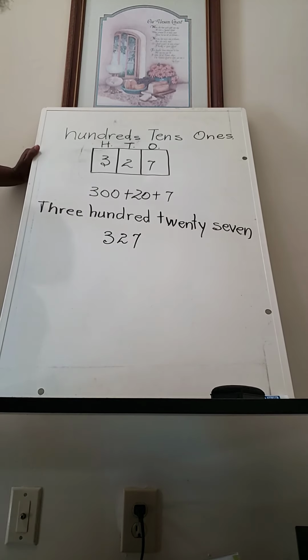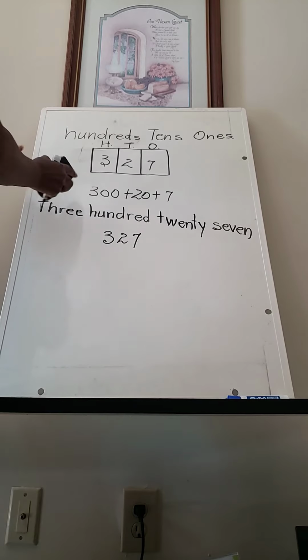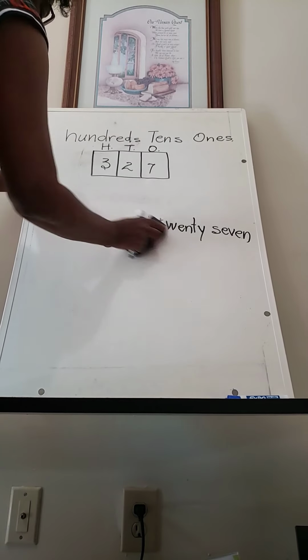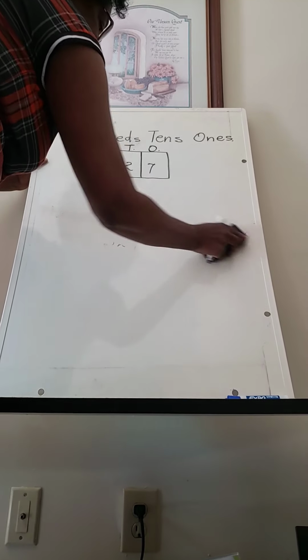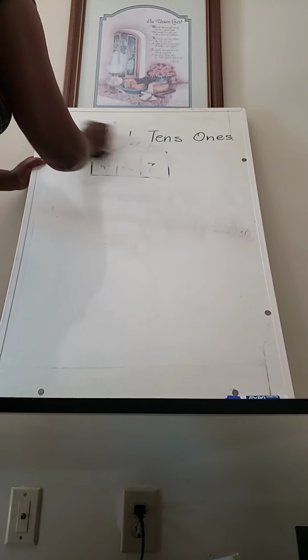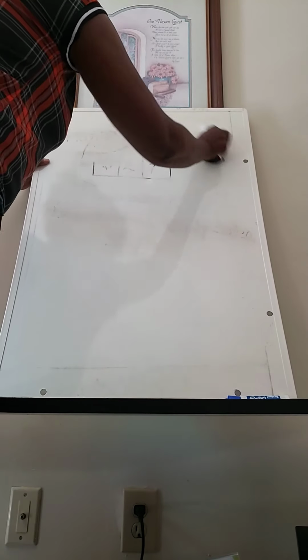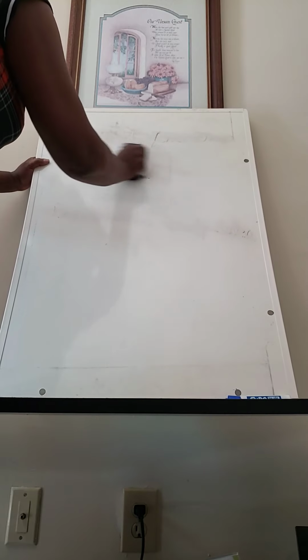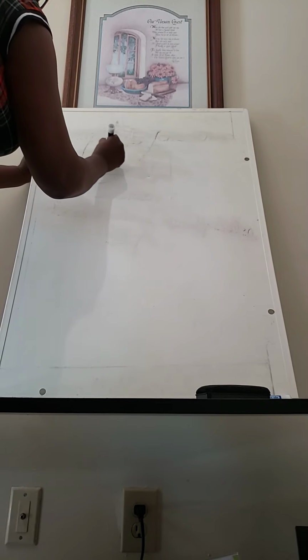So let's look at another one. I'll erase this one. Why did I erase the chart? It's going to make my board messy now. All right, so let us say we have this number on our chart.